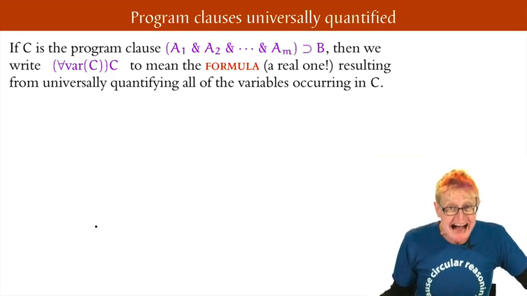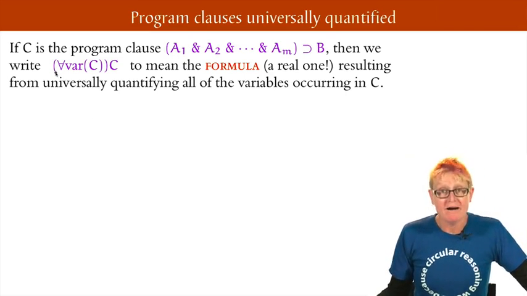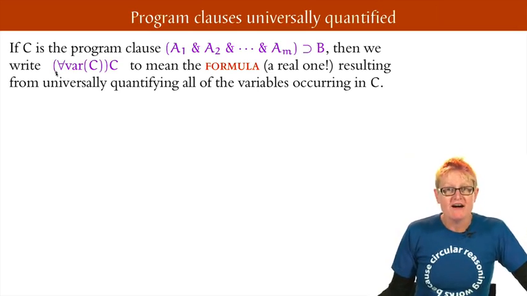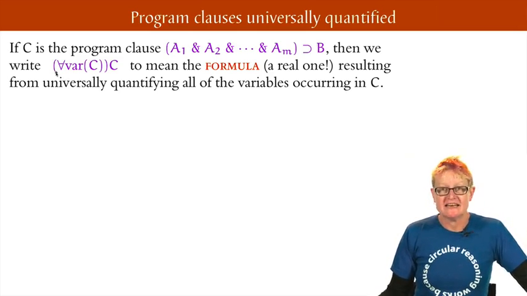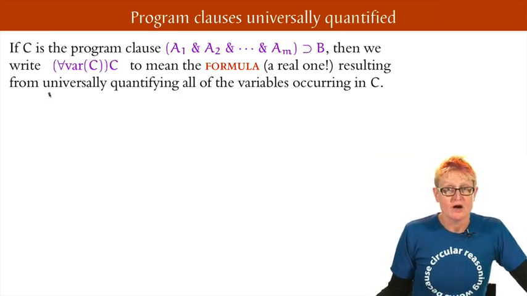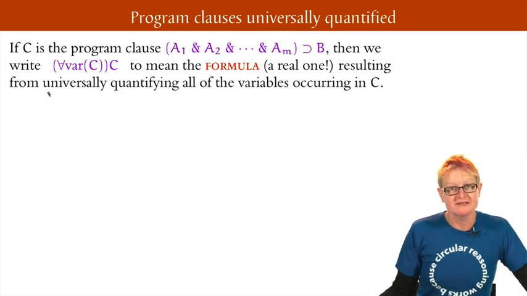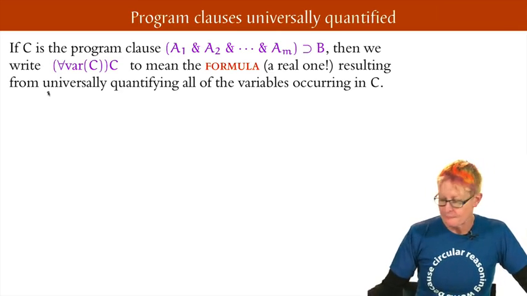The real formula we are interested in is the one you get by universally quantifying each of the variables in var of C. These are real formulas that are true or false in a model. We've just taken a route through these things called star formulas in order to describe them.